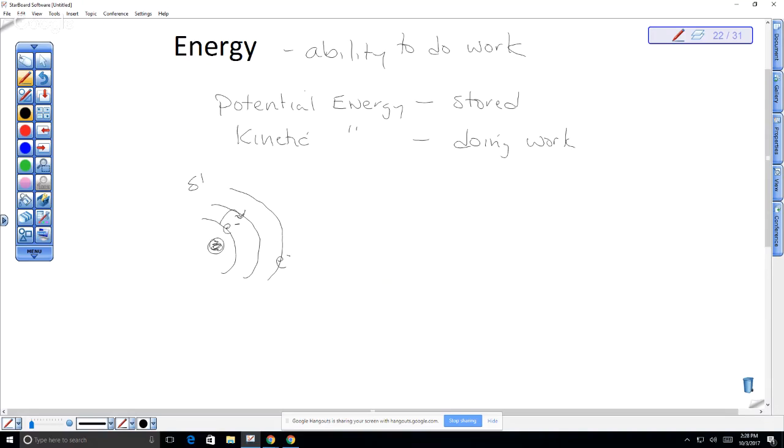So I'll put stored energy. So now it has potential energy, so that if it then goes back towards the nucleus, it could release that energy. Okay. If the electron goes the other way, so if it goes from here towards the nucleus, then you're actually releasing some energy. So I'll put this as releasing energy.